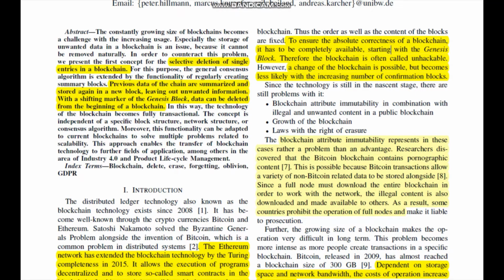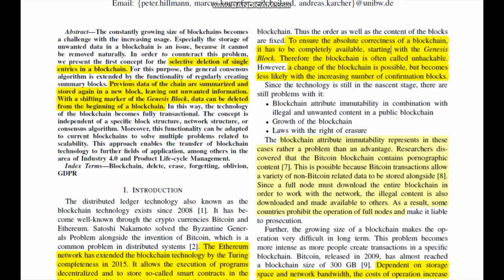So that's why we call it the immutable blockchain. To ensure the absolute correctness of the blockchain, it has to be completely available starting with the Genesis block. So what's this Genesis block? It is simply the first block of a blockchain, the origin block of the blockchain, called the Genesis block. Therefore, the blockchain is often called unhackable.